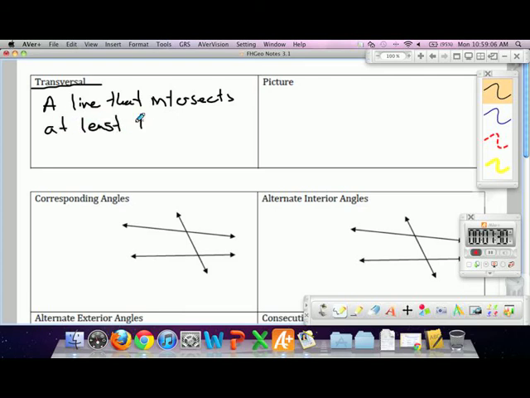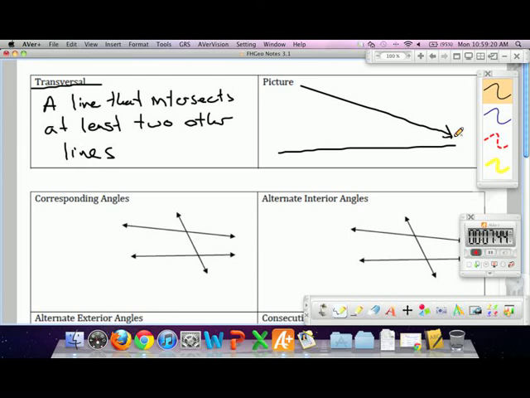So a diagram might be, how about if we have a line and maybe another line? We could draw a transversal through them that intersects both. So like, this might be a transversal.